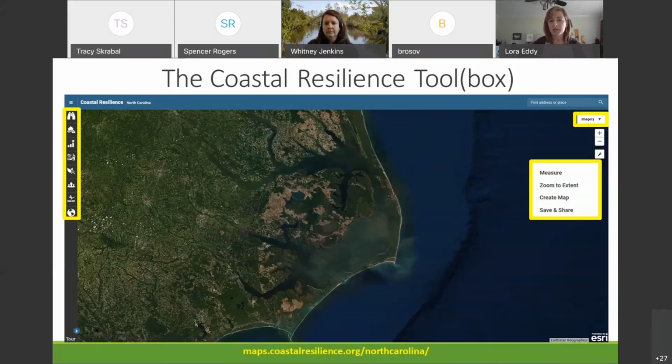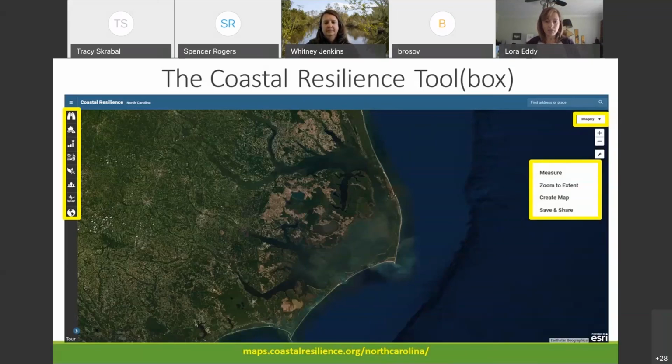We've got the base map that you can pull down and change from street view to aerial. Also, in this right-hand corner, it's kind of hard for me to see, but there's a little wrench icon. In that icon, you'll get a pull-down menu that will let you measure, create a PDF map, or save and share a link. So these are all resources that are built into this tool.